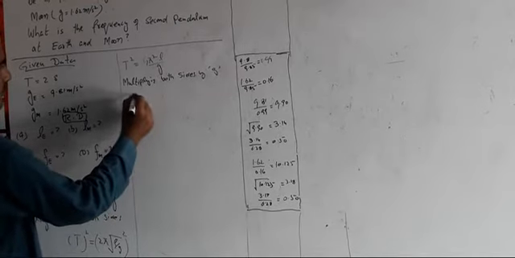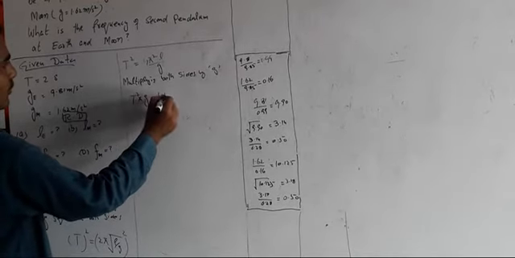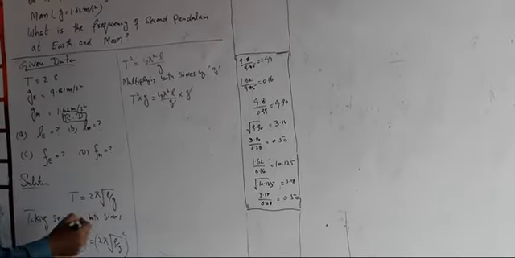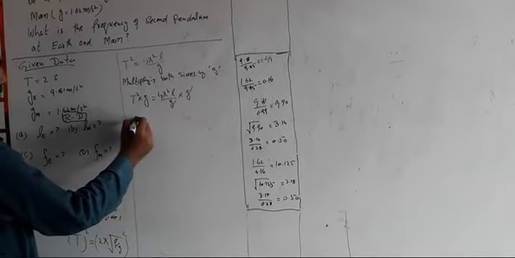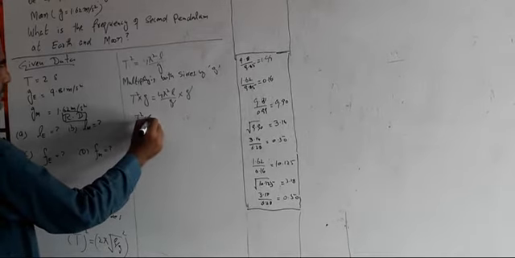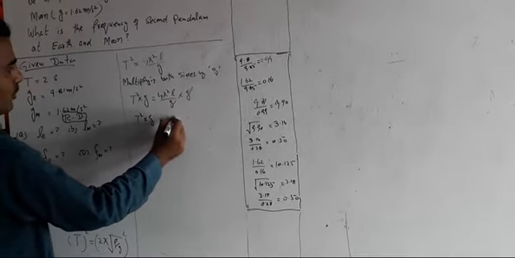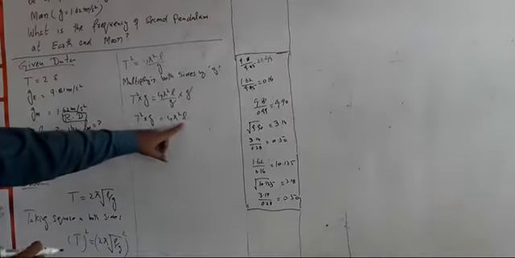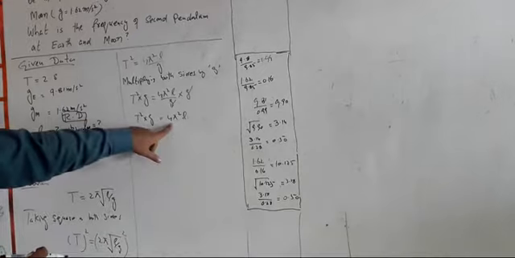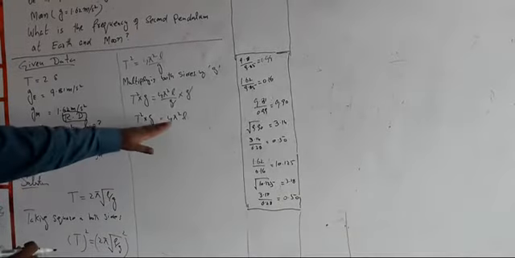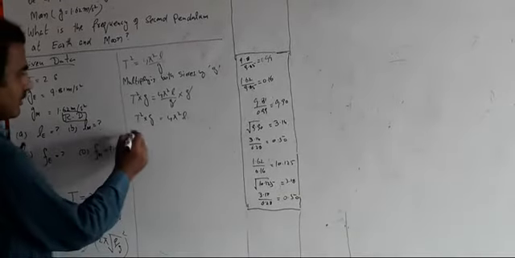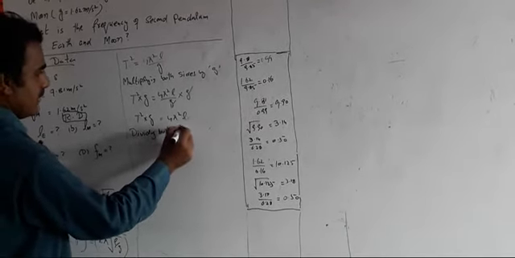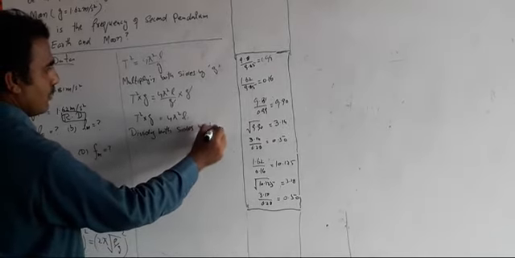We will have T square multiply g equal to 4 pi square L divided by g multiply g. g cancels, while our equation becomes T square multiply g equal to 4 pi square L. I have to make a formula for the length of the pendulum, so I will eliminate 4 pi square by dividing both sides by 4 pi square.